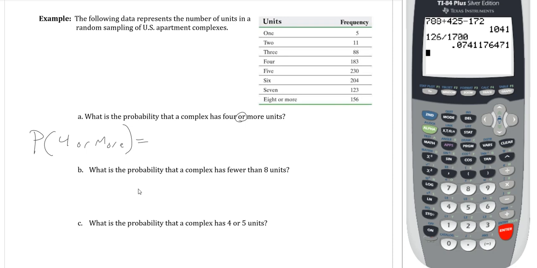So what we could do is take all the values that are 4 or more, which is 183, 230, 204, 123, and 156. We could add all those together. So we get 183 plus 230 plus 204 plus 123 plus 156. What we get is 896. So I can answer that as 896 out of, if I add all these up, I will just say that this totals up to 1,000, which it does.